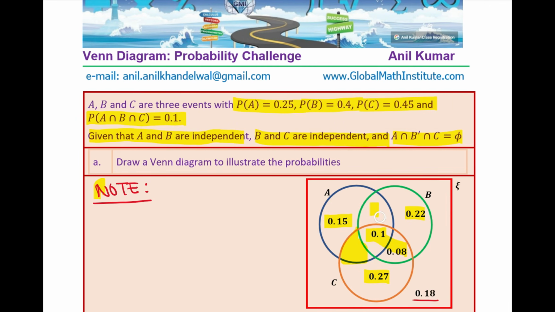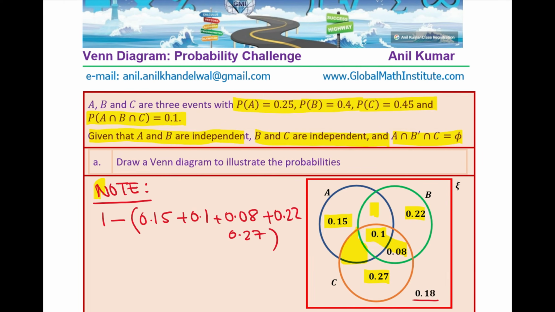So that is 1 minus, and you have to add all of them. Write them in any order you want: 0.1 and then 0.08 and then 0.22 and then 0.27.